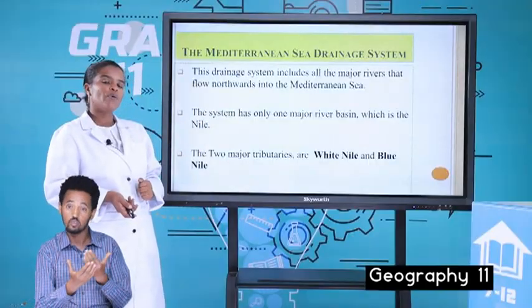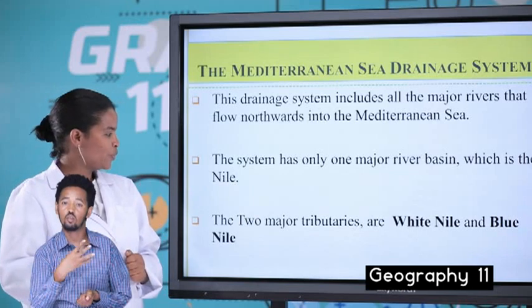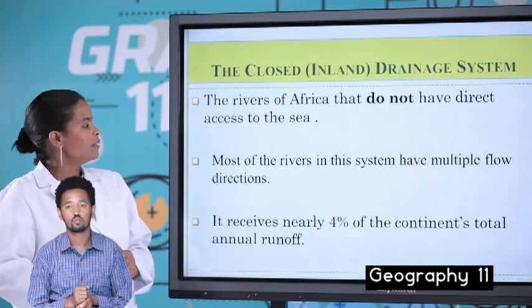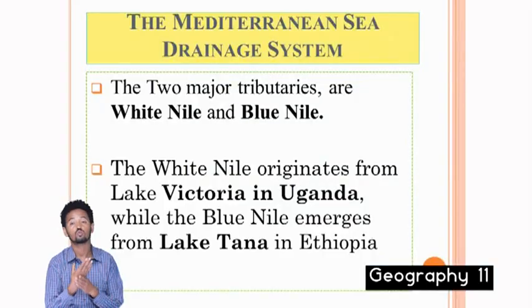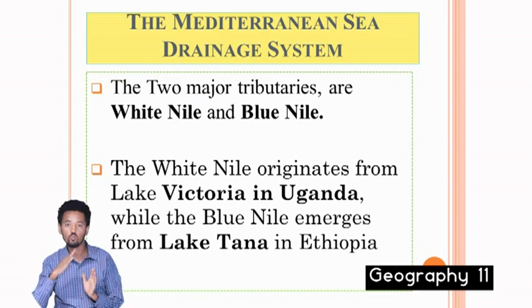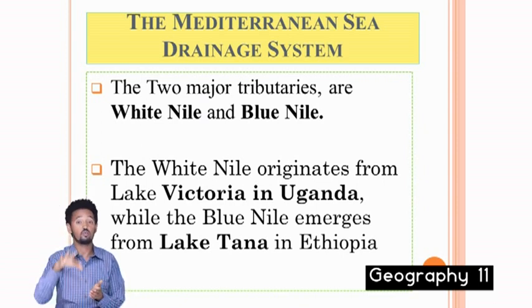The major tributaries of the Nile are the White Nile and the Blue Nile. The source of the White Nile is Lake Victoria, which is found in Uganda, while the Blue Nile emerges from Lake Tana. It is found in Ethiopia.